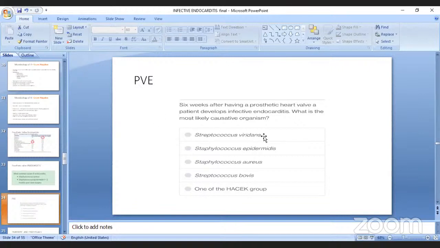So first, always find the options in an MCQ that cannot be the answer. Then it becomes easier. You're only left with these two, and I've already told you that epidermidis will be less than 2 months, and more than 2 months it'll be Staphylococcus aureus. So Staphylococcus epidermidis is the answer.